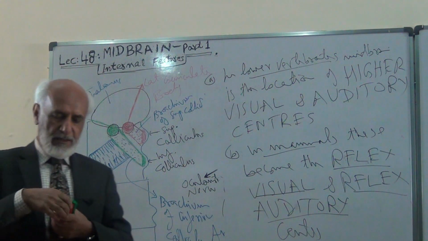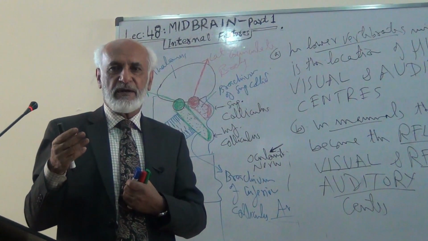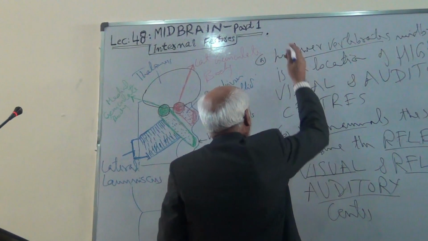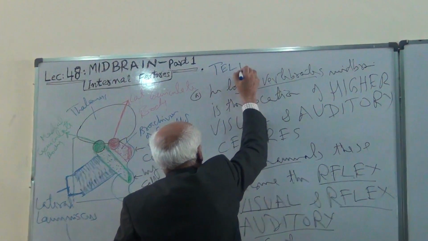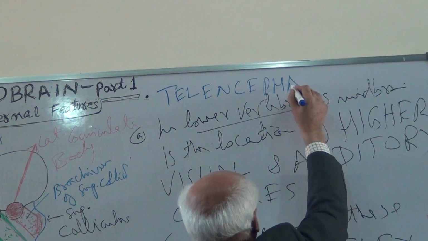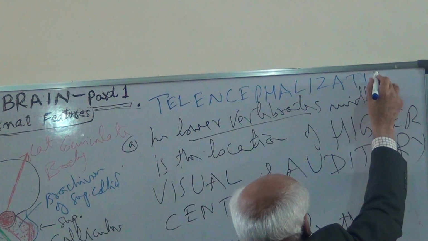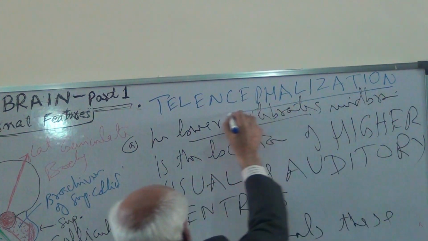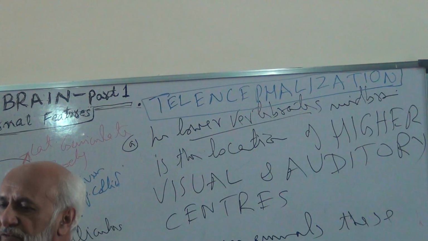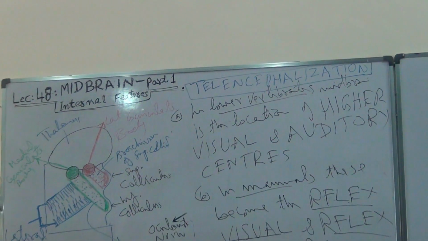Now this shifting of the higher center for vision and audition is known as telencephalization. The higher center for vision and audition is shifted to the telencephalon, the cerebral cortex, in mammals.